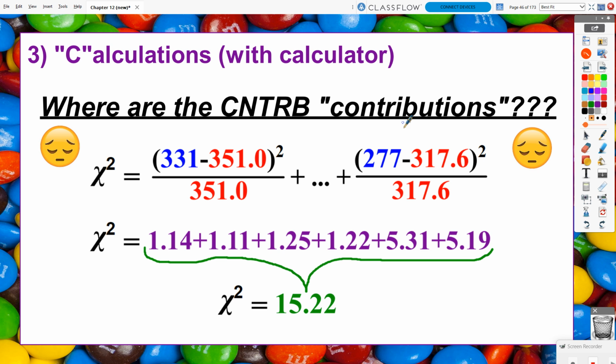So where are those numbers when we do a regular chi-squared test in our calculator? Unfortunately, they're nowhere to be seen. So if you wanted to figure out which value was the most off, you would technically need to do the observed minus expected squared divided by expected for each and every possibility.